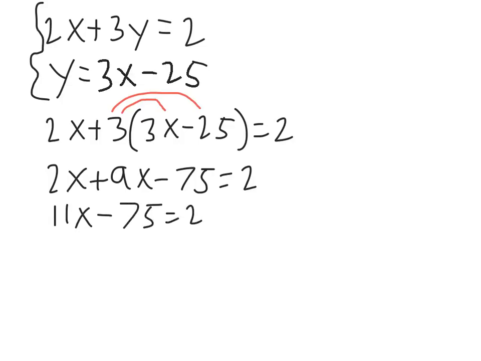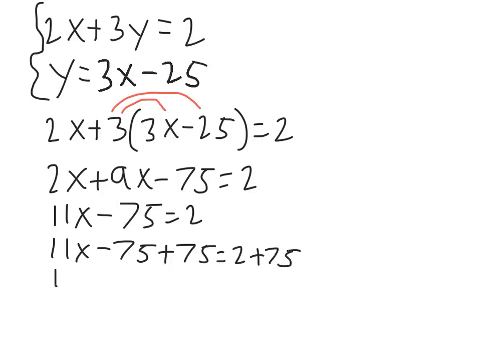Now it's a two-step equation, so we can add 75 to both sides. And that gives us 11x equals 77. So we divide both sides by 11. And that gives us x equals 7.